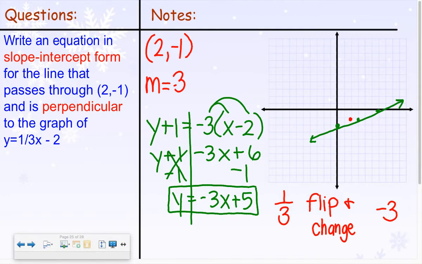All right, so our new equation is y equals negative 3x plus 5. Let's check our slopes. So 1/3 in the original, negative 3 in our new equation. So they are flipped and changed. It should be right. Let's graph it and see. Rise negative 3, run 1. And it does go through our red dot.